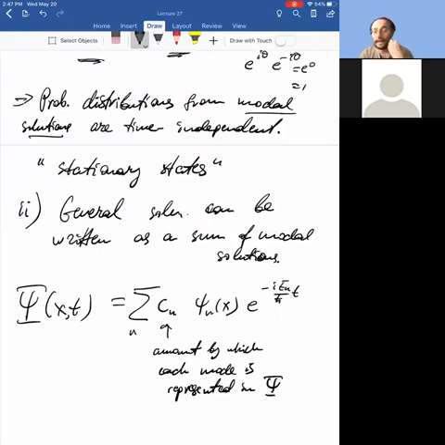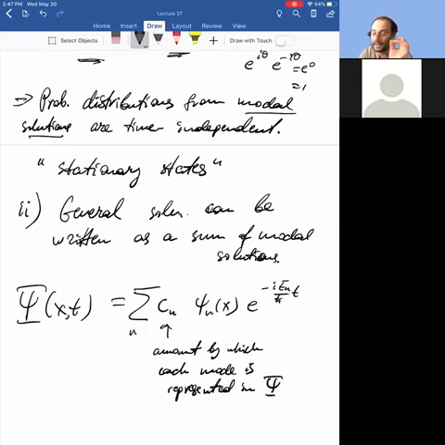And just as omegas were discrete, the frequency of each mode, they were discrete in the string solution, and they were dictated by boundary conditions.